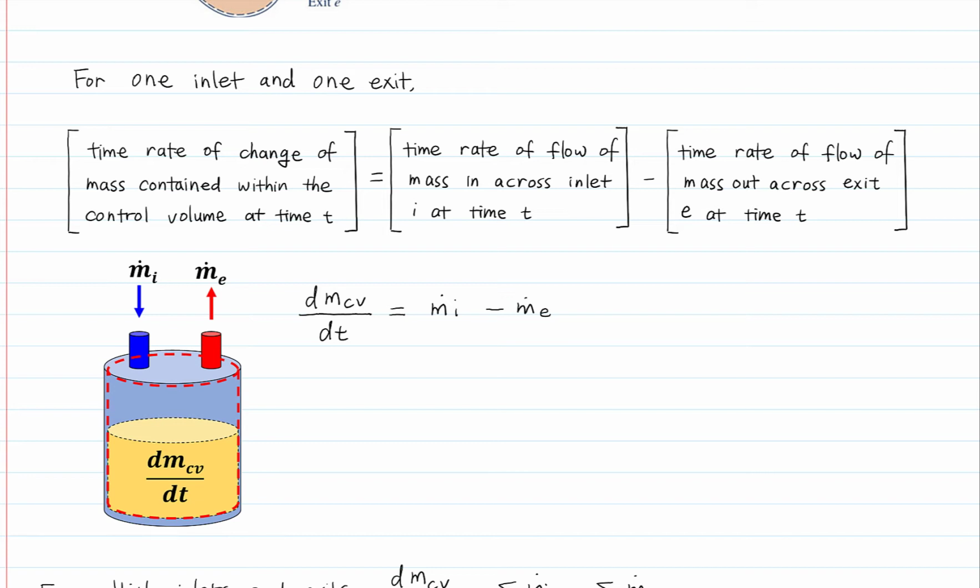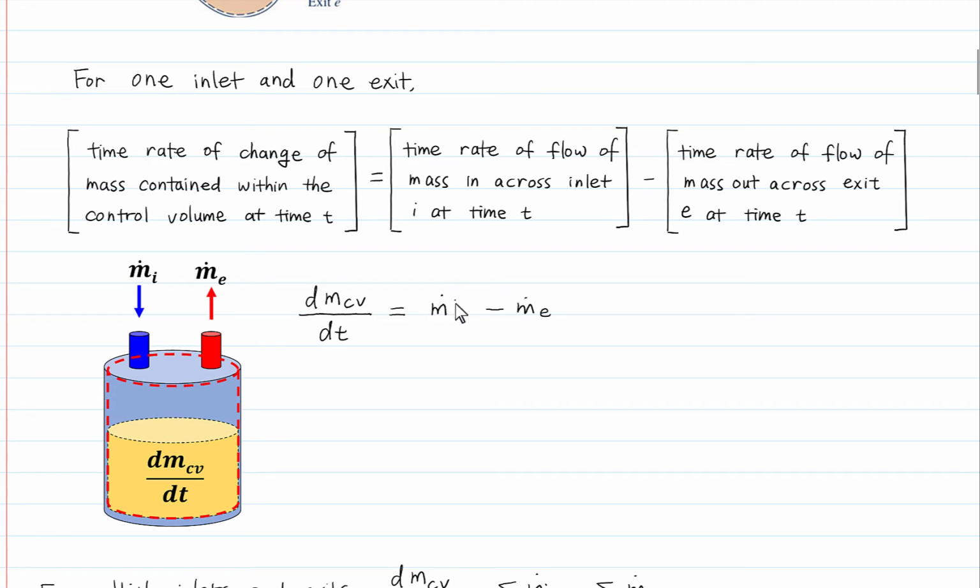M dot denotes the mass flow rate. It is the amount of mass flowing through a cross-section per unit time. The physical meaning of each term is described here. So dm subscript CV, control volume, over dt denotes the time rate of change of mass contained within the control volume at time t.